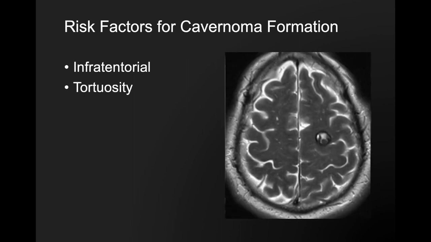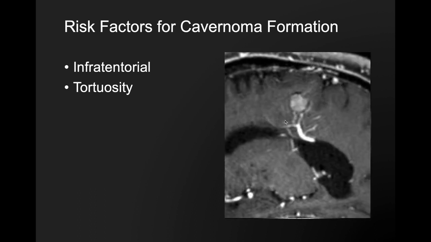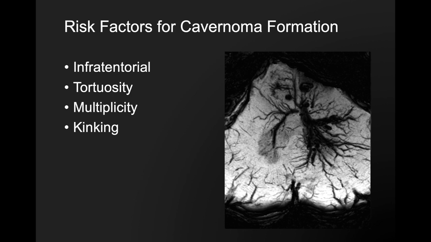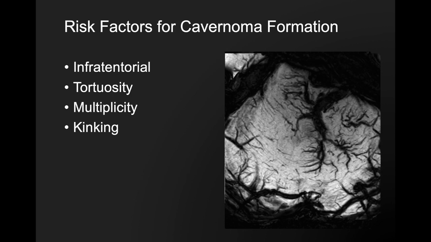So here's an example of a cavernoma in the left frontal lobe, and you can see that it forms in the radical of this branch of the DVA. You can see that particular branch does have a pretty tortuous appearance. DVA multiplicity, DVA kinking, because you can imagine kinking is going to result in some increased venous pressure in that area as well.